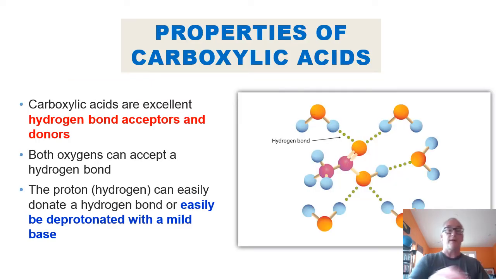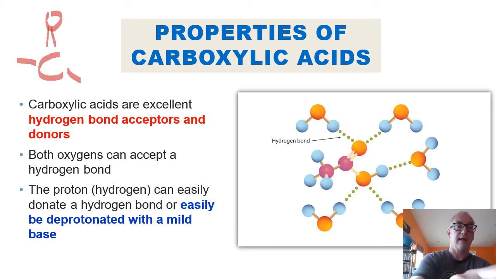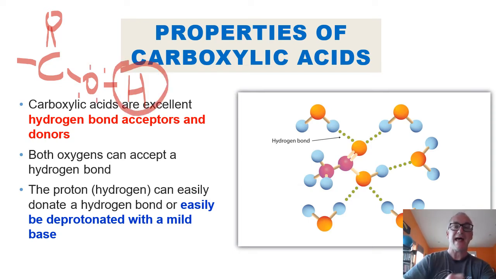So we already know that a carboxylic acid has this group at the end. And it's that hydrogen which is donated, making it an acid. So carboxylic acids, since they have these two oxygens on them, are excellent hydrogen bond acceptors and donors.